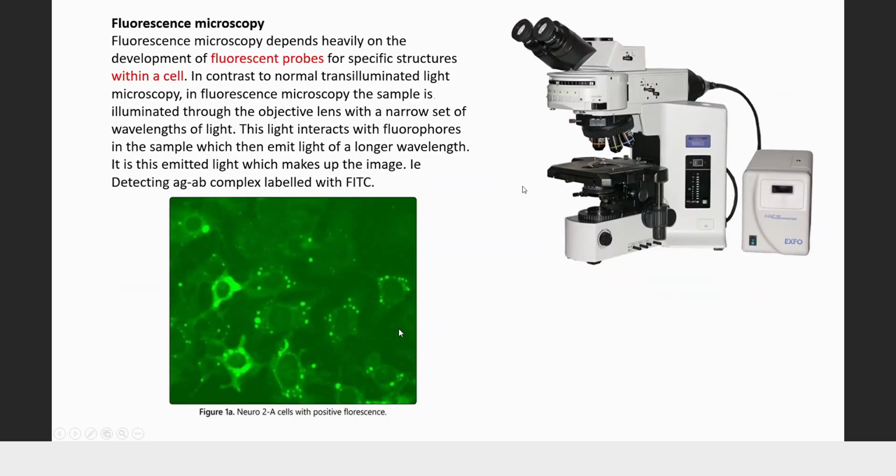Okay, another microscope. These are the cells, the picture that I normally use in class to show you the fluorescent antibody test. This is a very common test, very specific because we are using both antigen and antibodies, and the signal can be easily seen. You can see all this fluorescence.